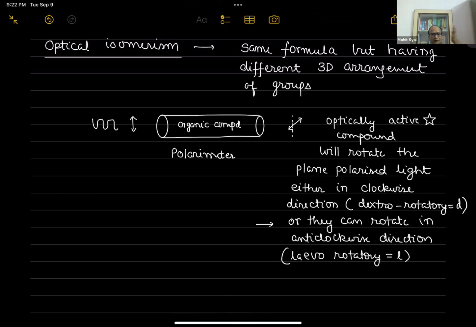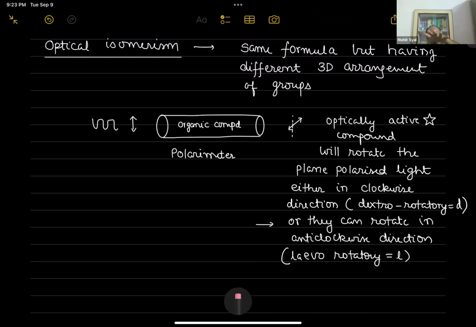If they are optically active, that plane polarized light, you understood. Marwa, have you seen that wave which was oscillating in one plane, the light waves? That is called plane polarized light. So if it is passed through an optically active compound, the plane of the wave can either get tilted like this, or like this.